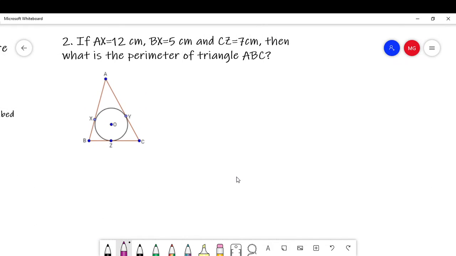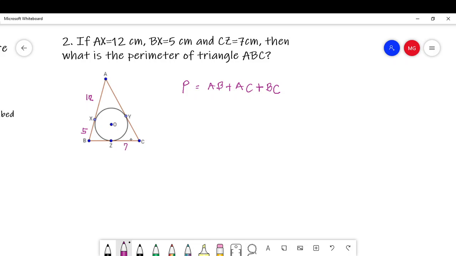If AX is 12, BX is 5, and CZ is 7, then what is the perimeter of triangle ABC? Perimeter is the sum of all the sides. So the perimeter of triangle ABC is equal to the sum of AB, AC, and BC.